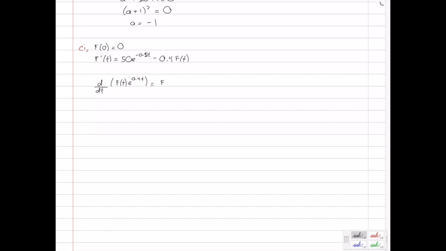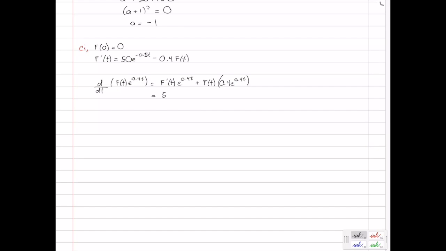The derivative of f of t is just f dash of t, and we leave the second, plus we leave the first, f of t, and now we differentiate the second. So that'll be 0.4 e to the 0.4t. Now we know what f dash of t is. We're given that in the question, so we can substitute that in.